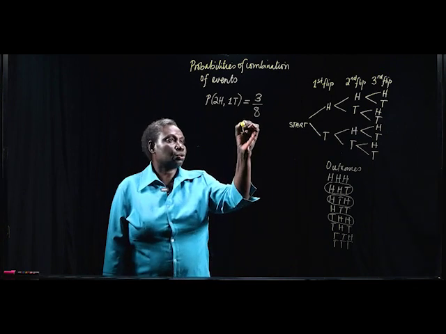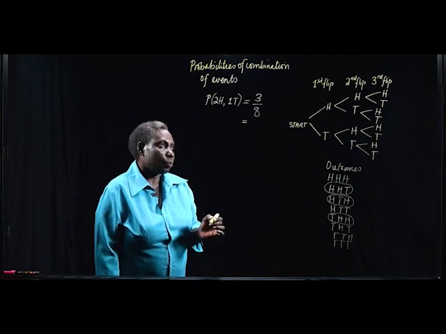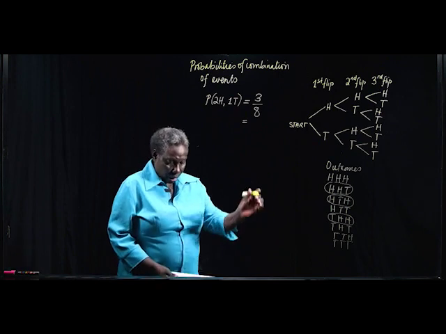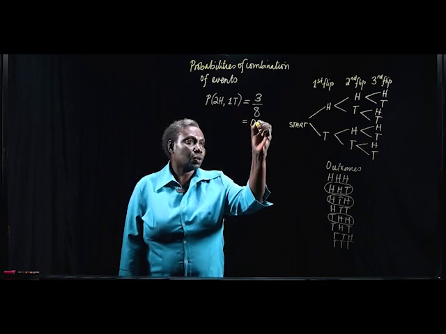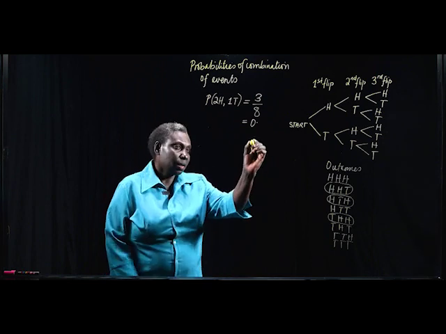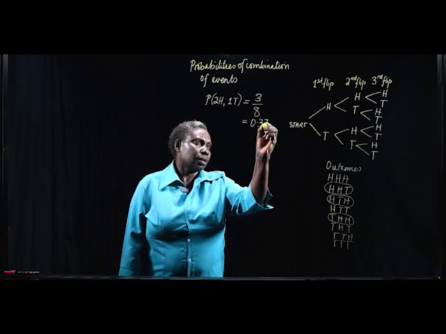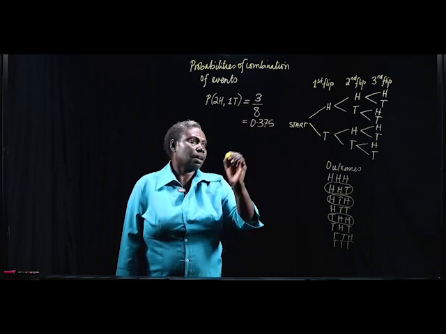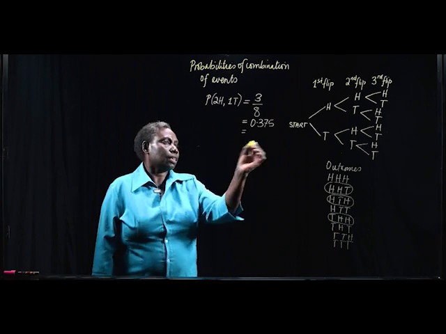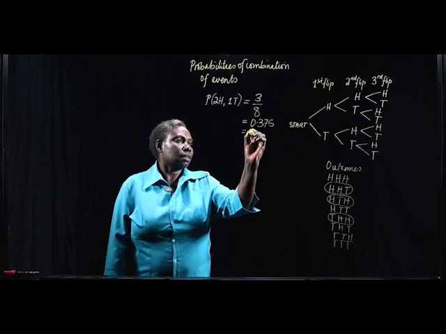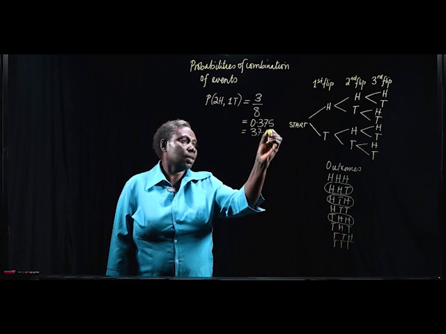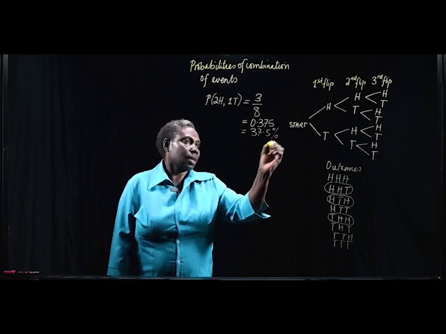We can change that to a decimal. When we change it to a decimal, that gives us 0.375, which can be converted to a percentage, that is 37.5%. Okay?